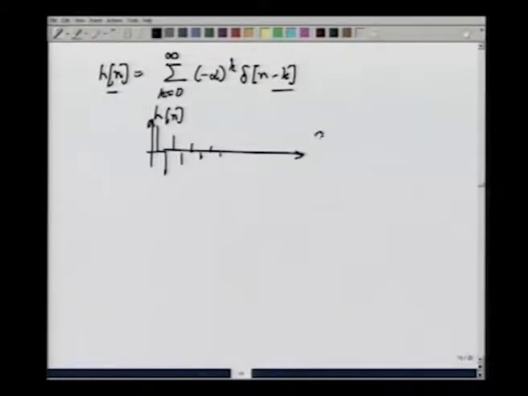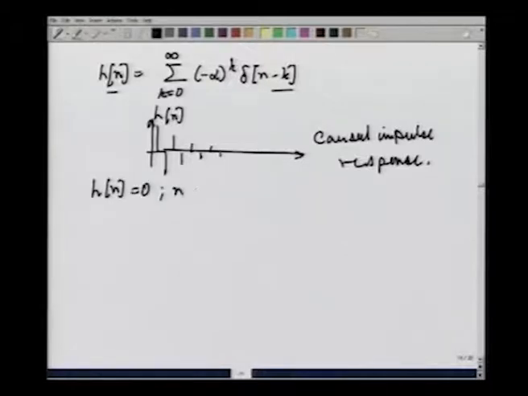And this indicates a causal impulse response, because h[n] equals 0 for n less than 0. Fine. So, this is fine.